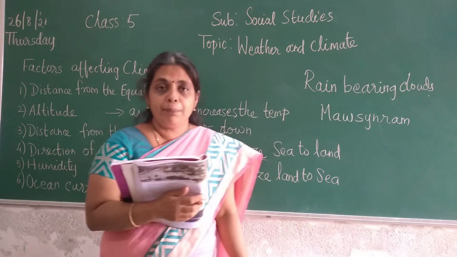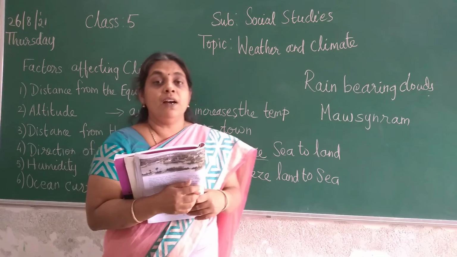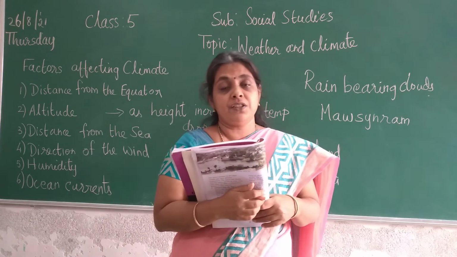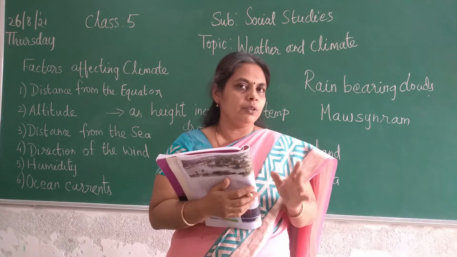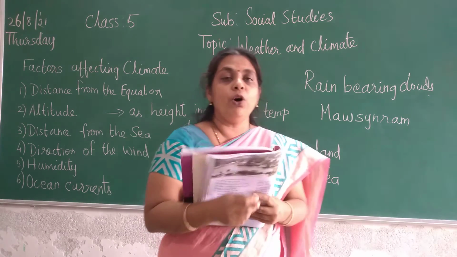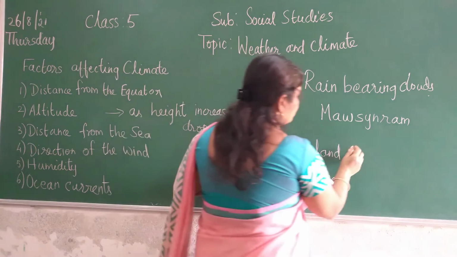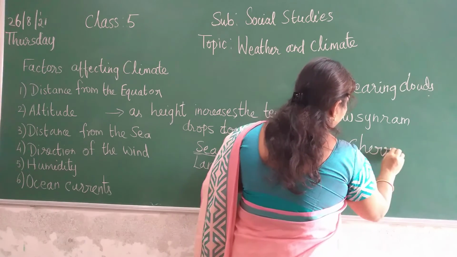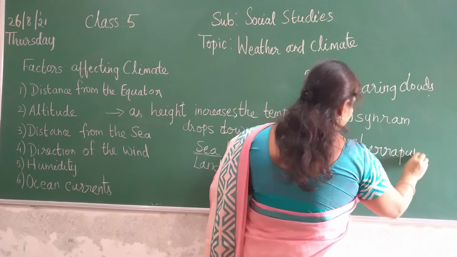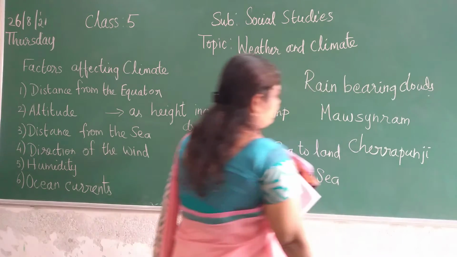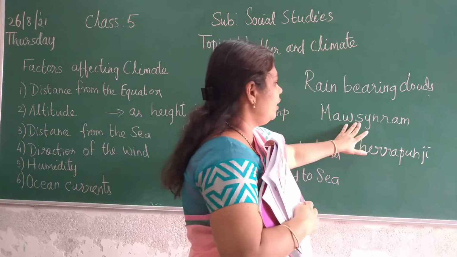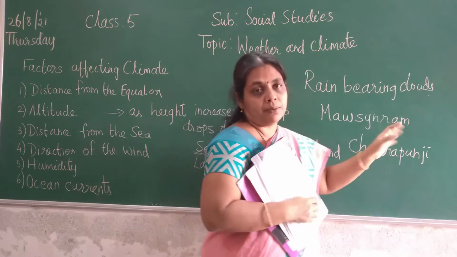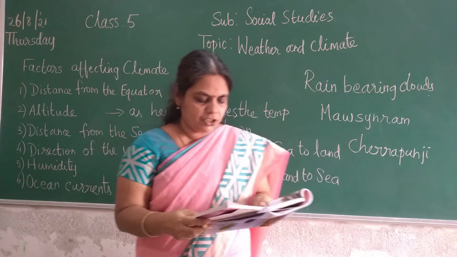This is the place in Meghalaya that receives the heaviest rainfall from all over the world, children. Before it was Cherrapunji. Both are in Meghalaya only, children. Before it was Cherrapunji, and now it is Mawsynram. This is the place, children.